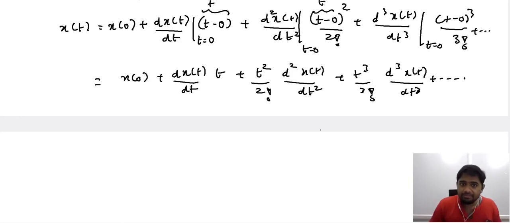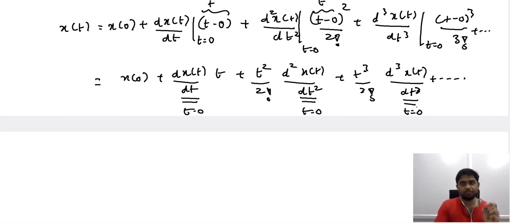Now again, it is important for us to note that these derivatives are for the known function, that is t0. So when you know the derivative of a function at a given point, then using Taylor series it is possible for us to approximate this function.